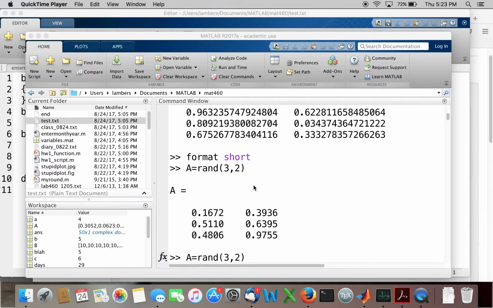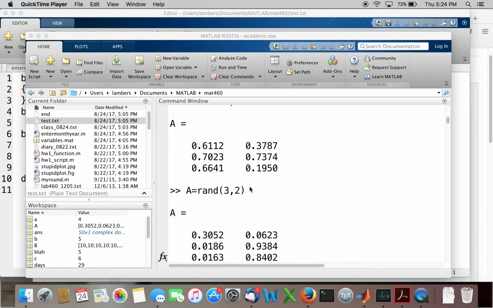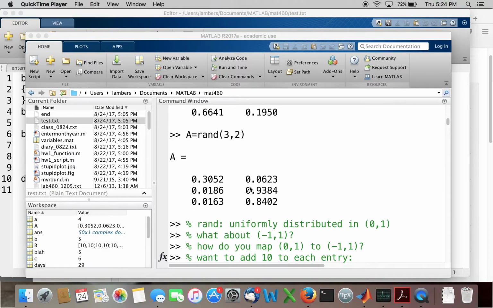And if I were to use this command several times, we would see different random numbers each time. Although, if you were to generate a random matrix and then close your MATLAB session and then go back in and create that random matrix again, you would see the same random numbers because MATLAB's random number generator starts with the same seed every time the application is opened.